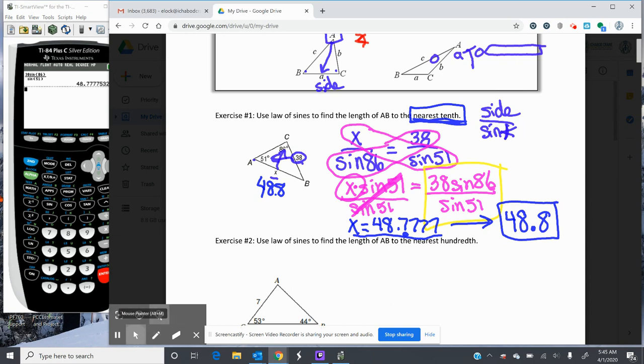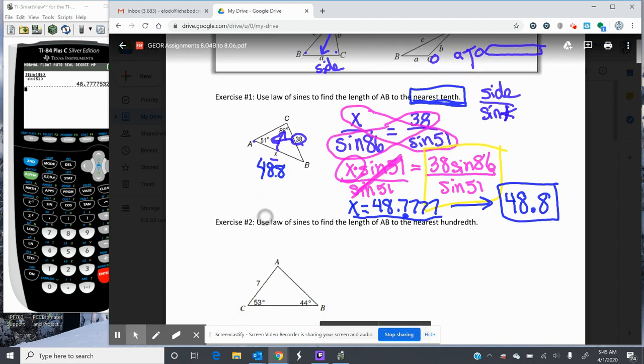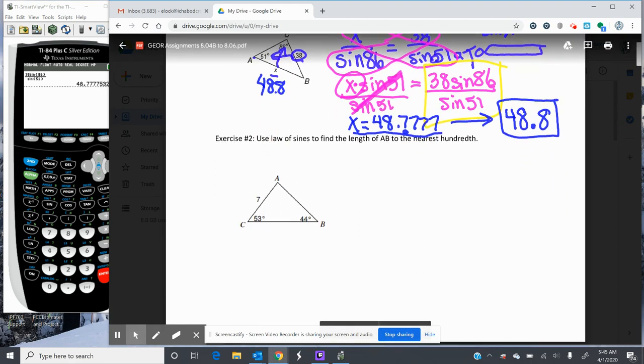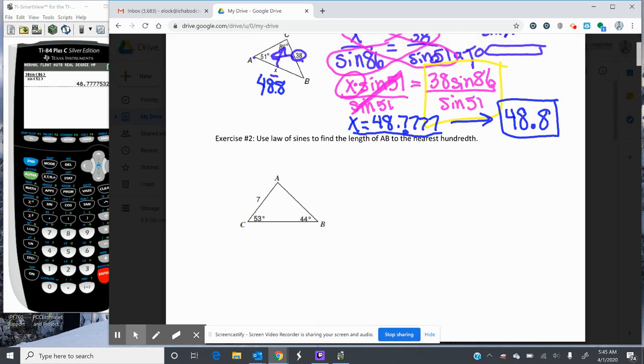Looking at exercise 2, here we use law of sines to find the length of AB. So AB is what they're asking for, and again, we're going to round to the hundredths when we get there. So we're going to put the x here on AB.